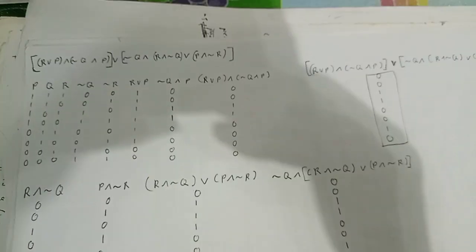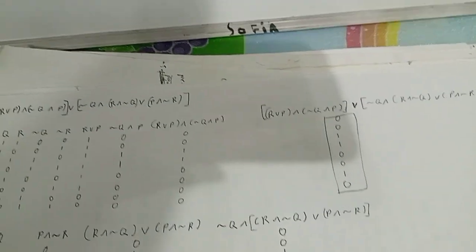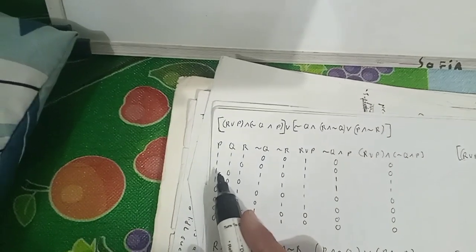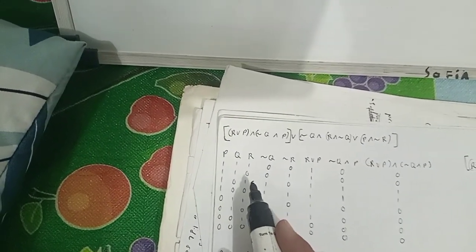So this case will only be on if, in the second, the third, fourth, and the second to the last, the third one is when P is on, Q is off, and R is on.